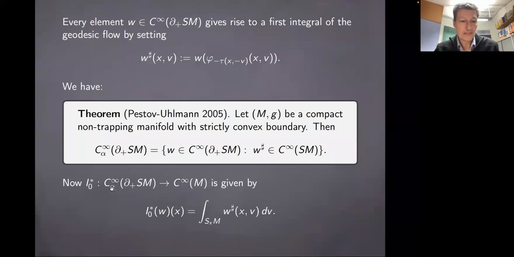So if you want to compute this back projection operator, you take a function in C-infinity alpha, a function on the influx boundary, and you make it into a first integral of the geodesic flow, which by this theorem gives you a C-infinity first integral. Then you just average on each fiber, and the outcome is also a C-infinity function on M. So that gives you this map between C-infinity objects, basically by making the function a first integral and then doing a push forward.